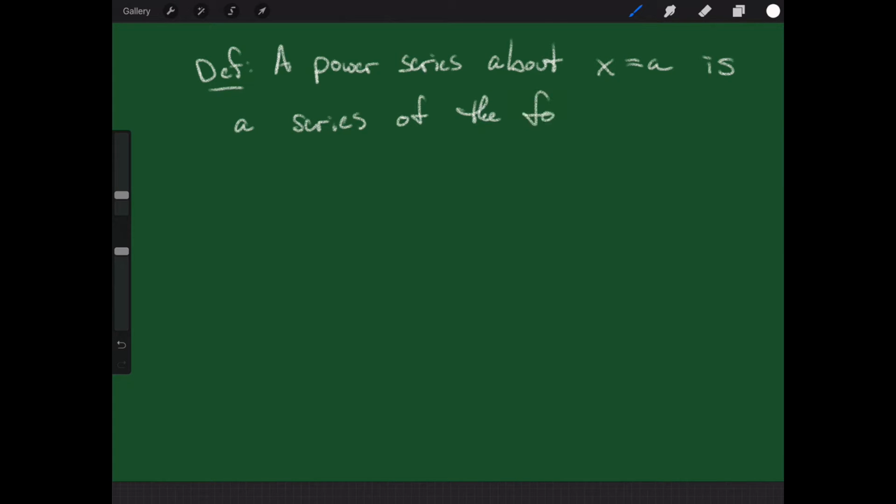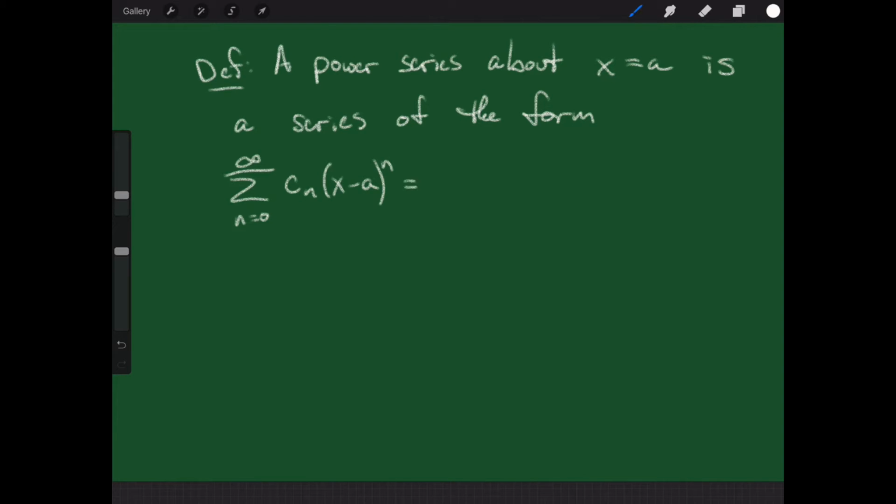A power series about some other point, let's say in this case we're calling it x equals a, is a series of the form, we could say sum n going from 0 to infinity of, now we say it's c sub n, which is the same as last time, but now we're looking at x minus a to the n.